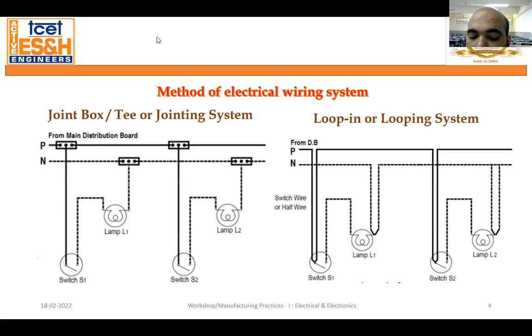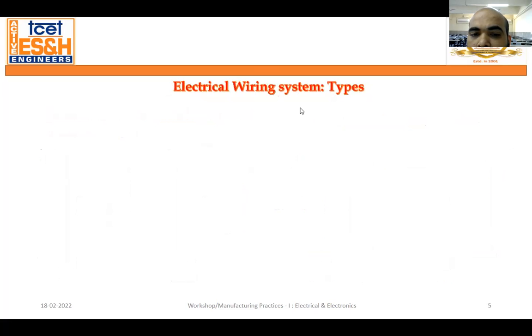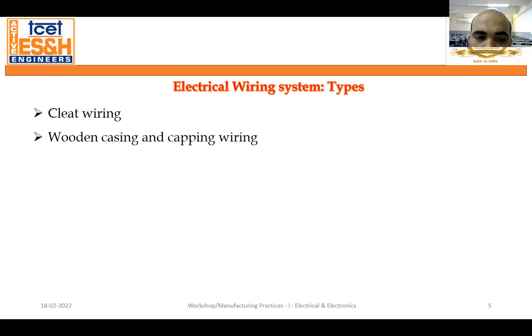So that was what we were talking about, the different methods of electrical wiring systems. Now coming next to the different electrical wiring systems. Earlier we saw the methods, and now we are seeing the different types. The types are cleat wiring. Similarly, you can see wooden casing and capping wiring.